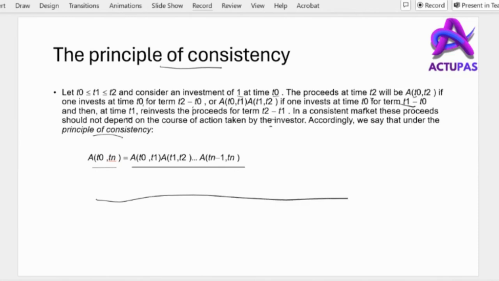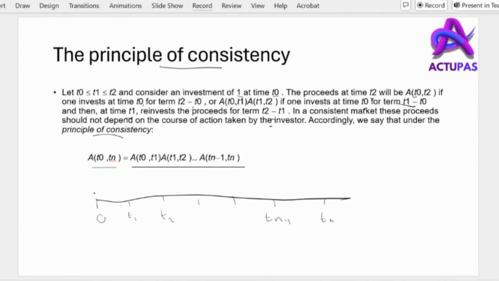And just to do this on a timeline, this is 0, this is t1, this is t2, this is tn minus 1, this is tn.